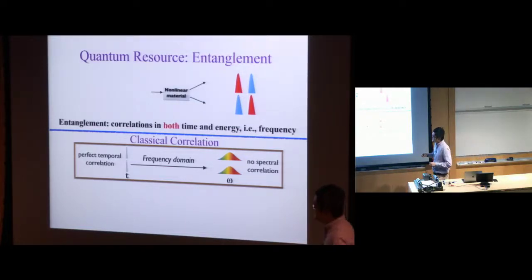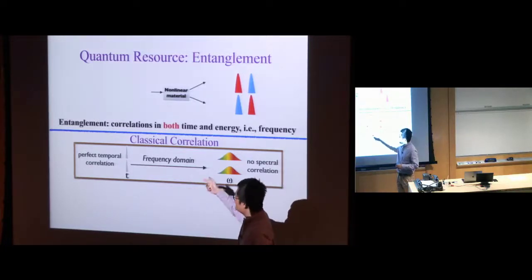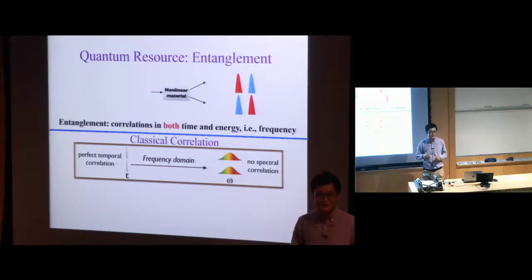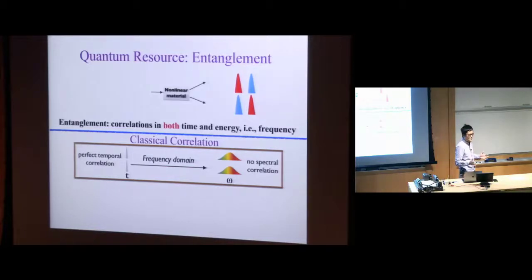Then if you look at their frequency domain representation, the spectrum of each pulse is actually very broad. If you operate an ultrafast laser, the narrower the pulse width is, the broader its spectrum is going to be.